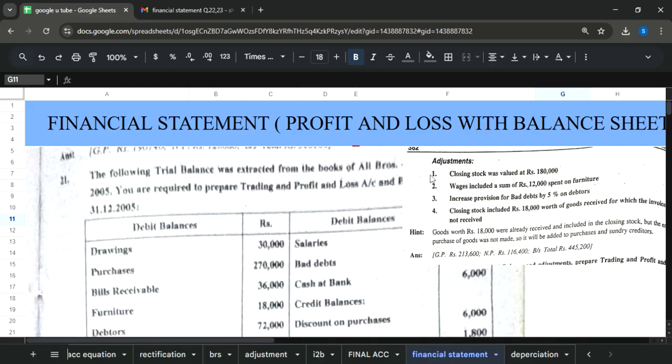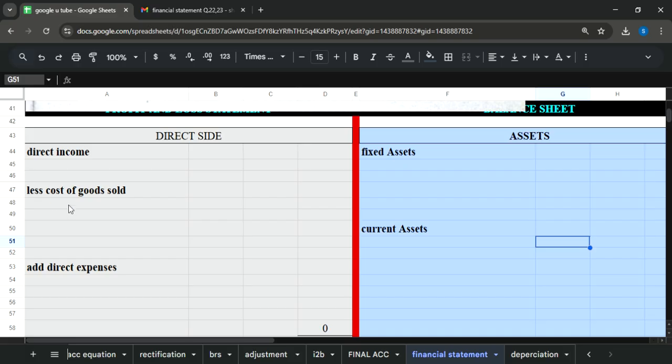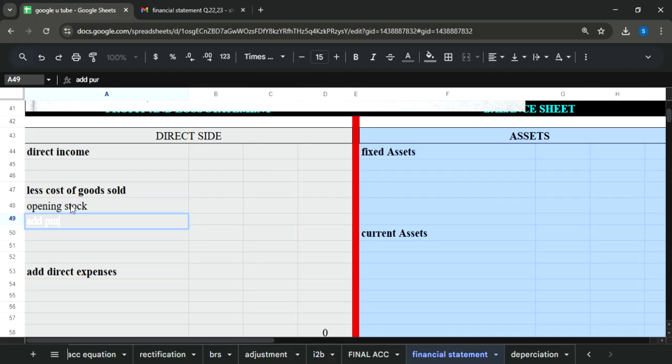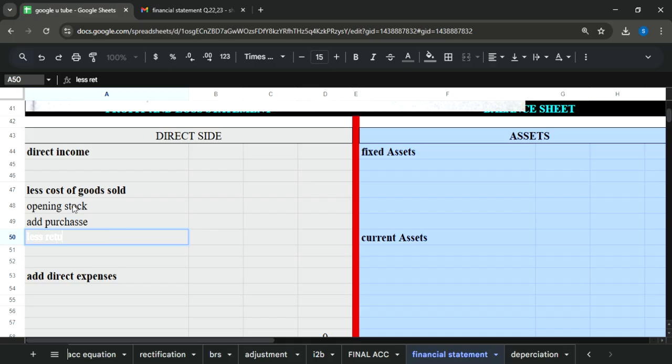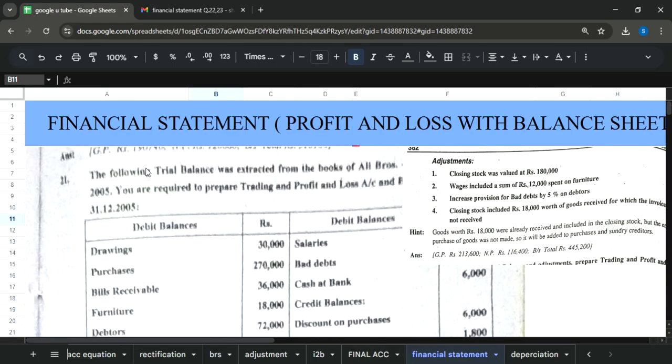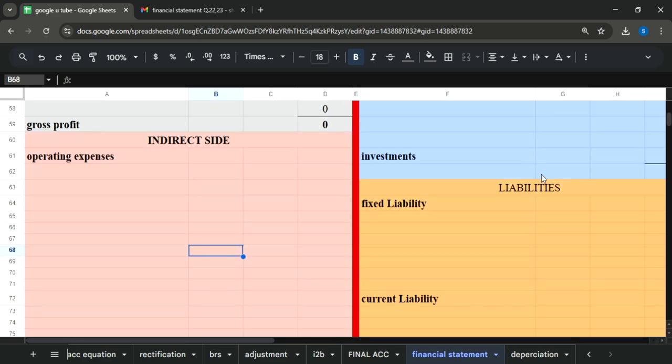Let's begin. First adjustment is closing stock. We will go to the cost of goods sold statement, where we will write opening stock, then we will add purchase, then we will write returns, then we will have our closing stock. So this is the position of closing stock. The amount of closing stock mentioned over here is 180,000.